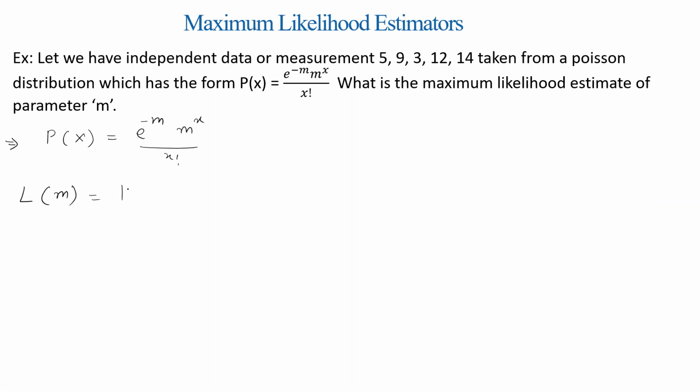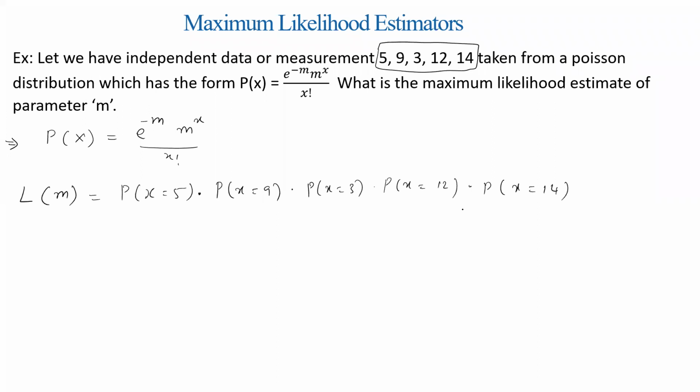So this is nothing but the probability of x equal to whatever data set we have been given. We'll just substitute that. So x is equal to 5. But in this case you have to take the product. So this will be the probability of x equal to 5 into probability of x equal to 9 into probability of x equal to 3 into probability of x equal to 12 into probability of x equal to 14.